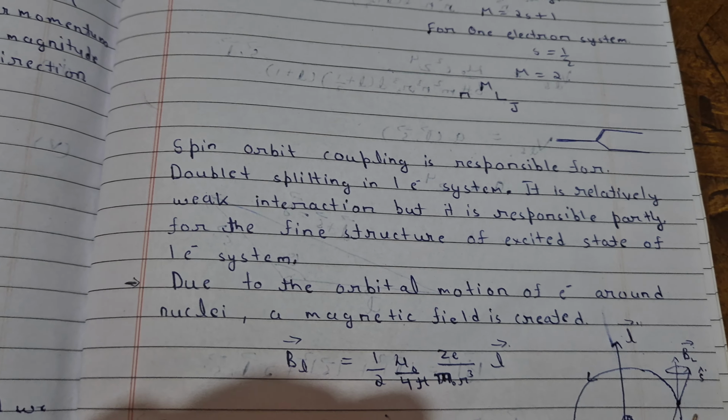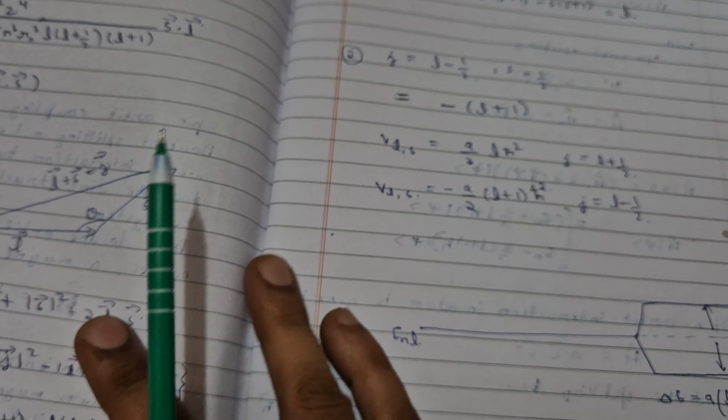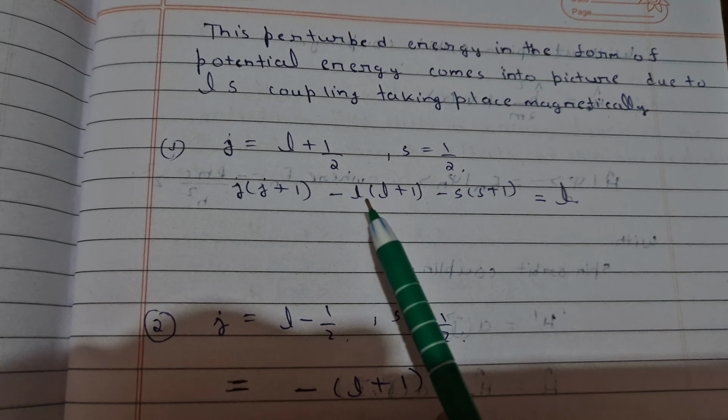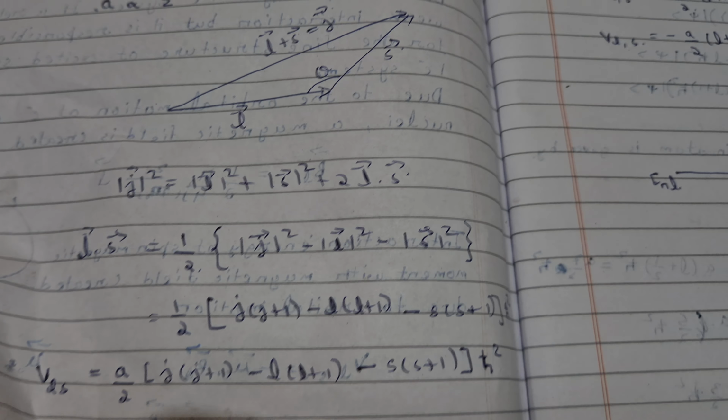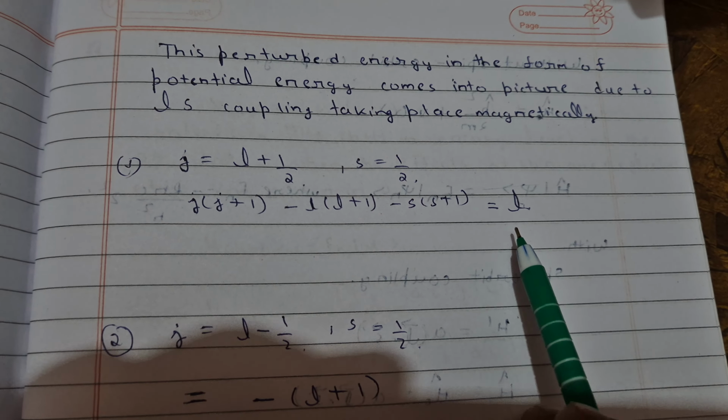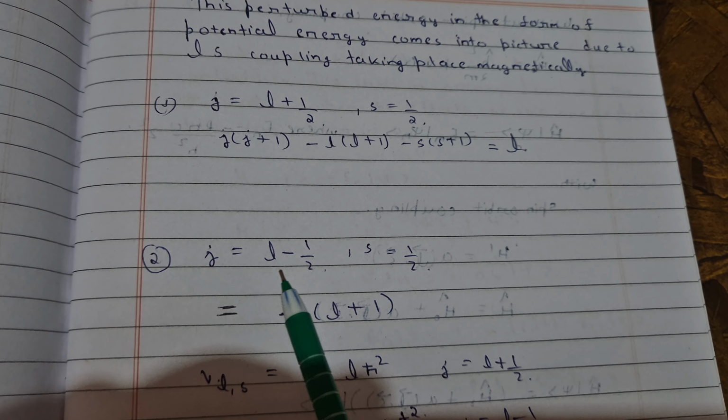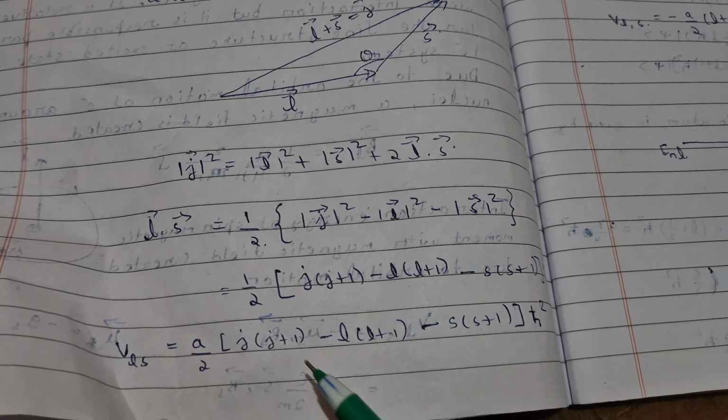So for the first level, we'll take J equal to L plus half. If you substitute L plus half in place of J, and in place of S just write half, and solve it, you will get L. And if you substitute L minus half, and S half, you will get minus (L plus 1).